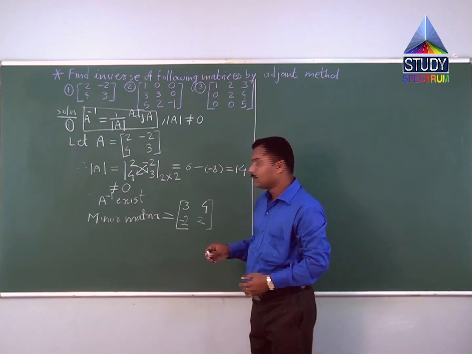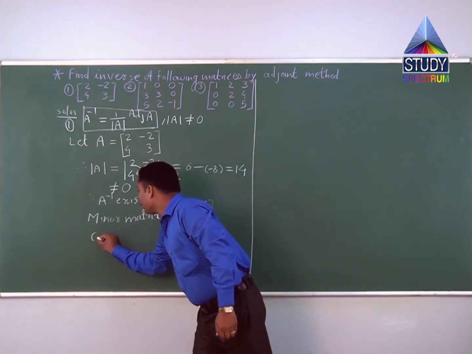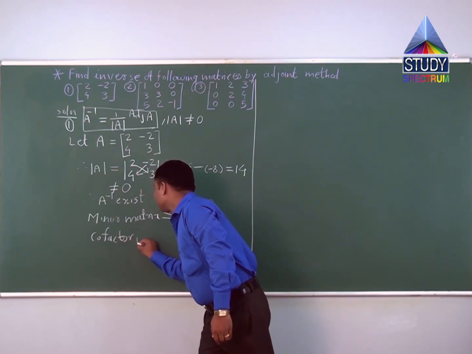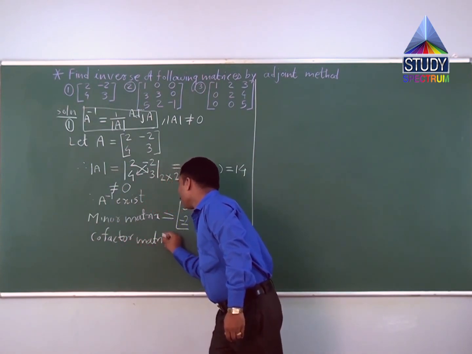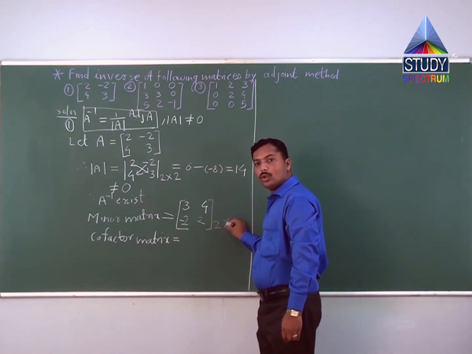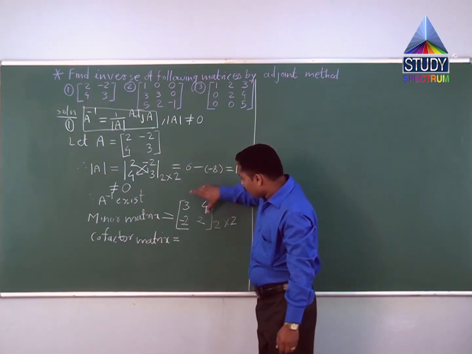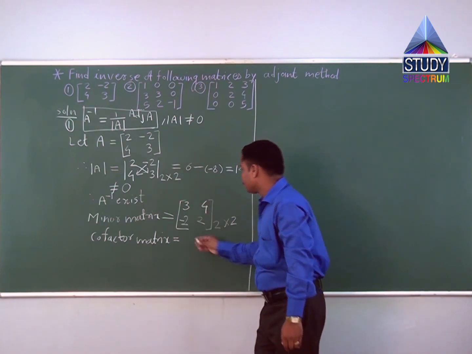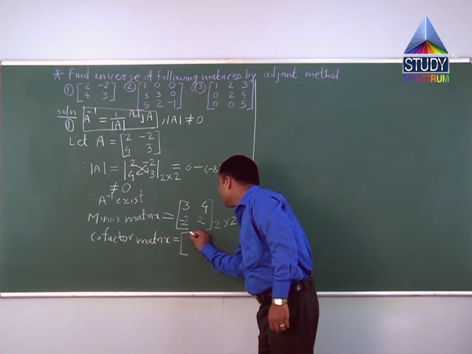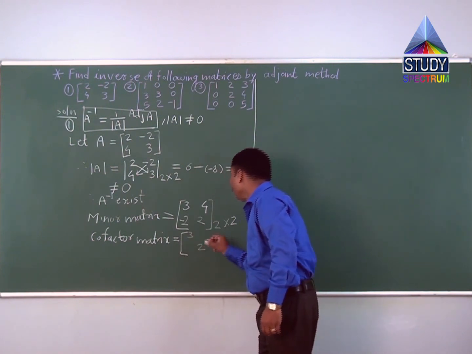So the cofactor matrix, we find directly. This is actually a 2 by 2 minor matrix, so no change in the diagonal numbers. Diagonal numbers as it is: 3, 2.